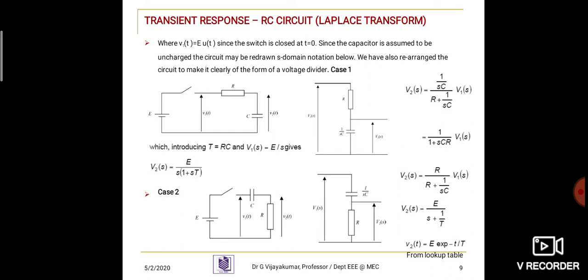Next one, transient response of the RC circuit using Laplace transformation. Let us revisit the RC circuit. We have already analyzed it twice before in module 1, where the picture shows in the left corner V1 of t is equal to E of u(t), since the switch is closed at t equal to 0.